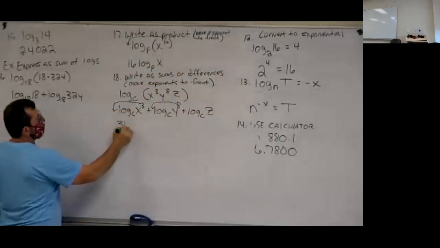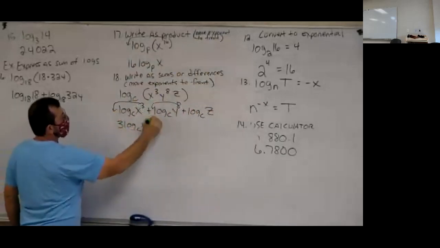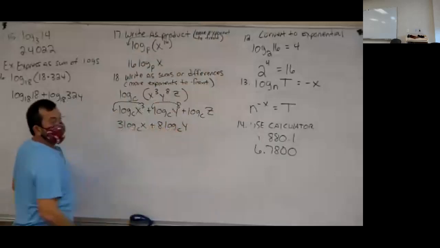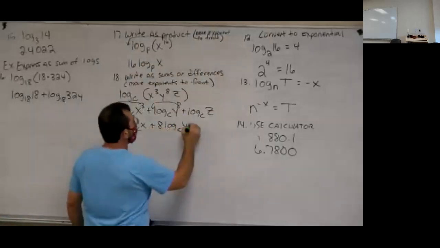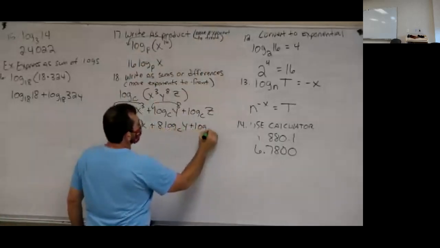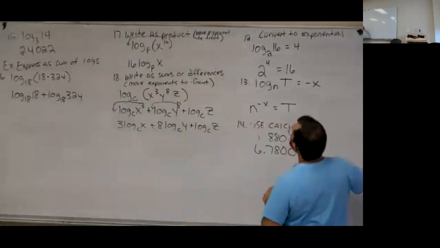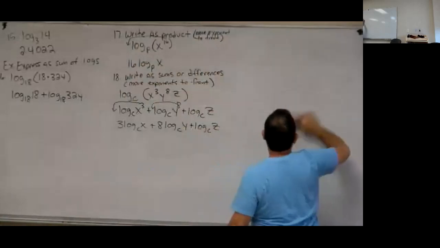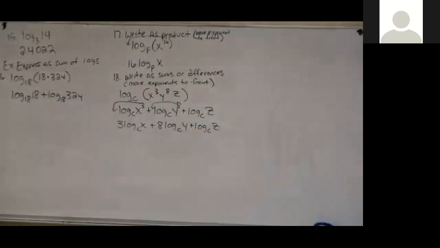So I get 3 log base C of x plus 8 log base C of y. And then the last one didn't have an exponent, so I'll just bring it down as log C of z. I'm going to let y'all catch up on that because the next one's got the division and it's a little hairier.